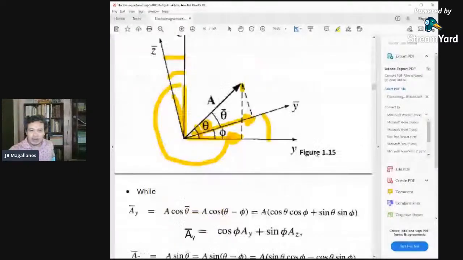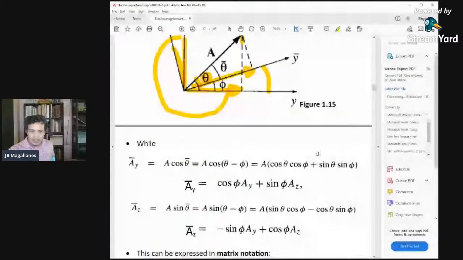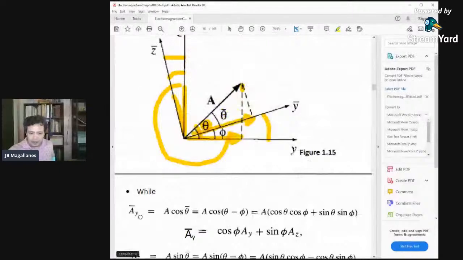But the new one, AY bar, would be A cosine theta bar. Theta bar here is the difference between theta minus the angle phi, the rotation angle. So this is A cosine of theta minus phi. If you expand this by some trigonometric identity, you will get this.